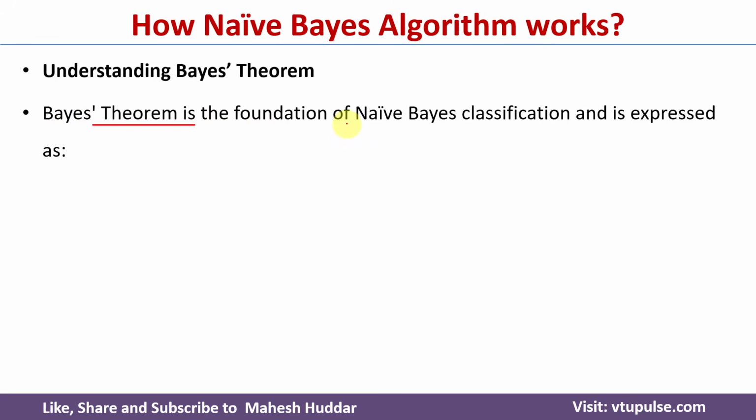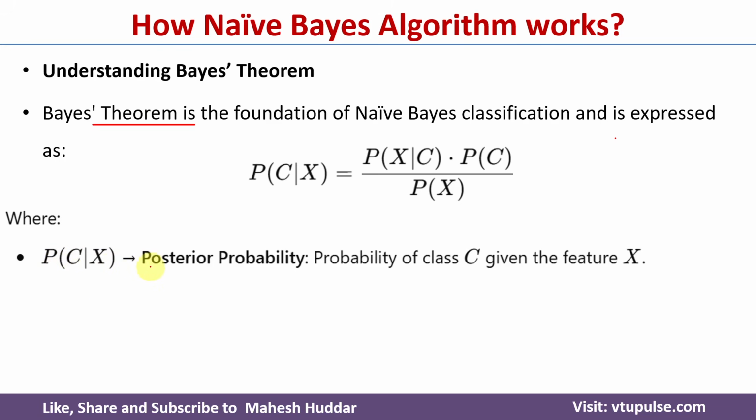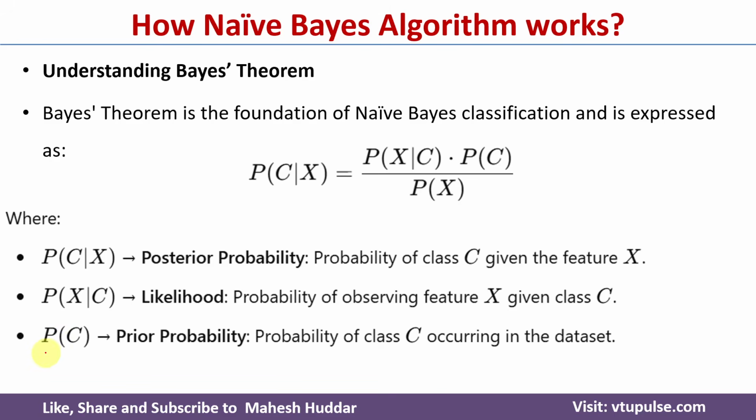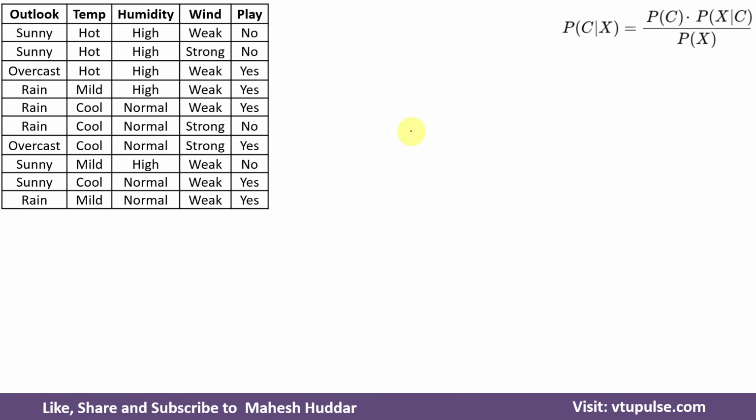Bayes theorem is the foundation of Naïve Bayes classification and is expressed as probability of C given X, which is equal to probability of X given C multiplied with probability of C divided by probability of X, where probability of C given X is the posterior probability, that is the probability of class C given the feature X, and probability of X given C is the likelihood probability, that is the probability of observing feature X given class C, and probability of C is the prior probability, that is the probability of class C occurring in the dataset, and probability of X is the evidence.